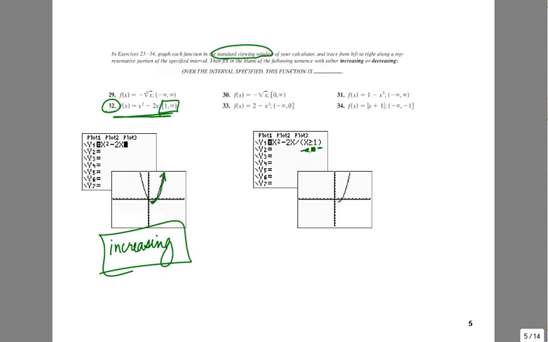Remember, I can get the inequality symbol by doing second and math. And so I'm typing in that x is greater than or equal to 1, which is what that 1 to infinity means. And then it only graphs for me that piece on this portion of the domain. And there I can see that that piece is increasing. You definitely don't have to go to all of that trouble, but just another way to look at it.